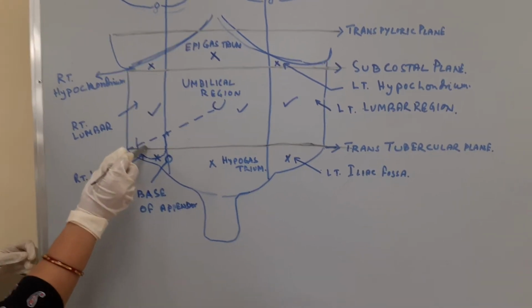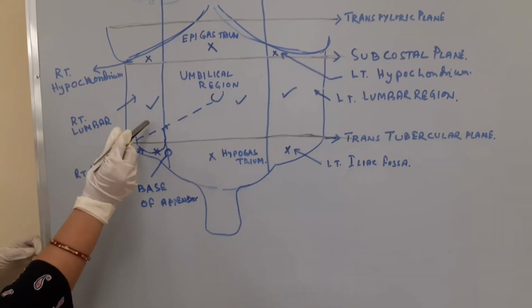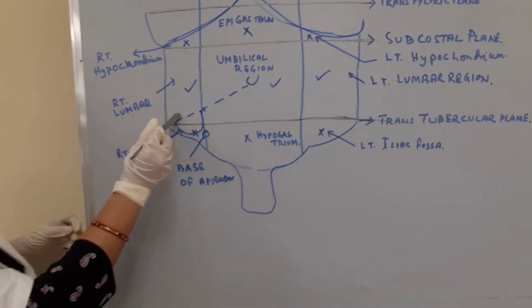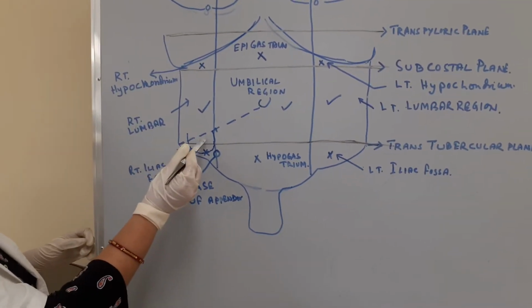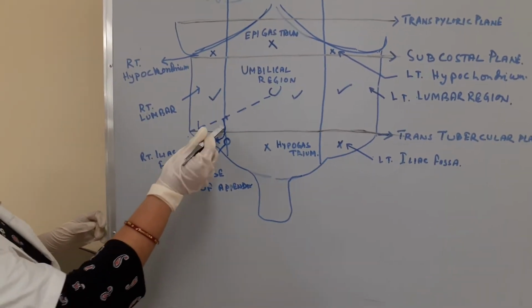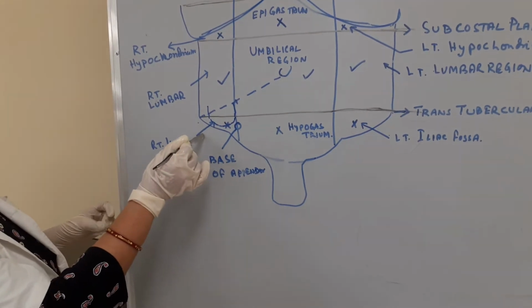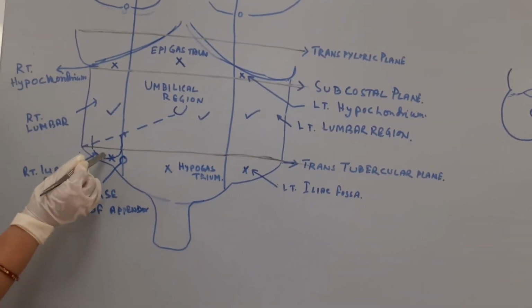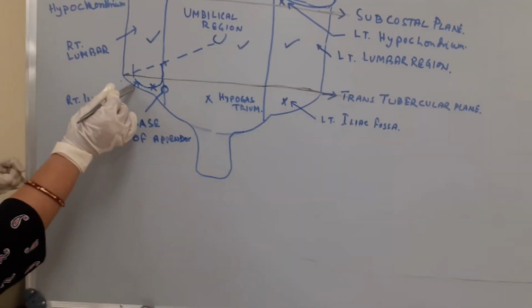Posteriorly, it is related with the iliopsoas muscle, fossa iliaca, then the iliohypogastric and ilioinguinal nerves and the lateral cutaneous nerve of the thigh. Below the iliac fascia lies the trunk of the femoral nerve.